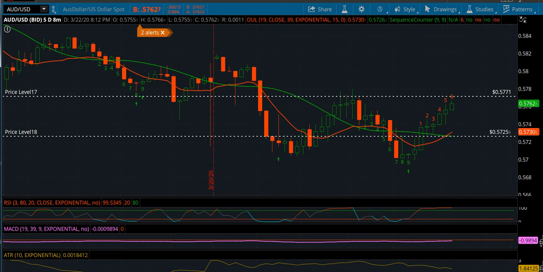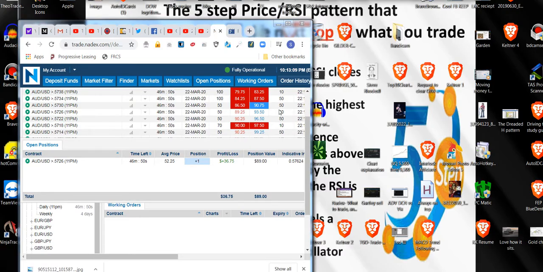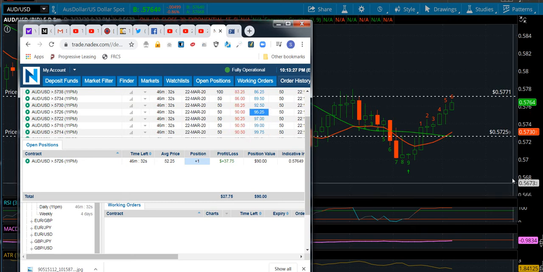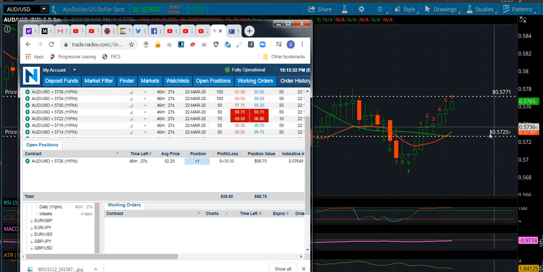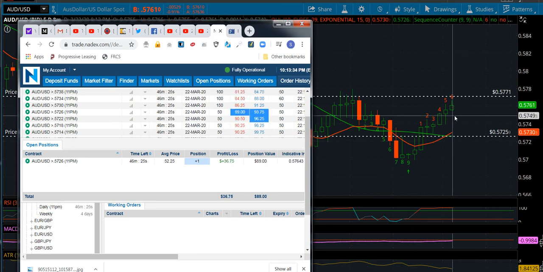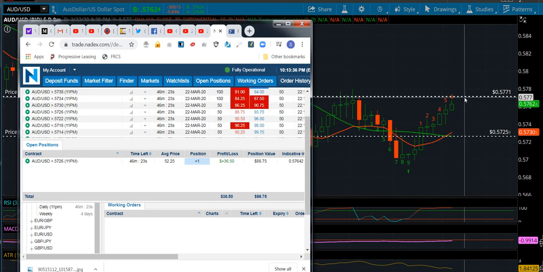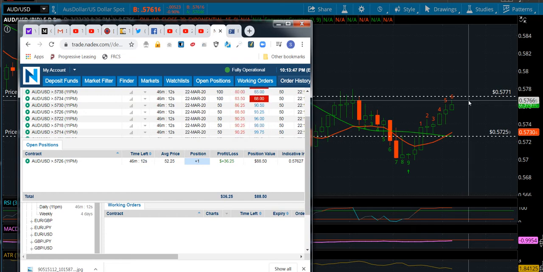As long as price is above there, I'm making money. Now we're getting close to resistance, aren't we? So I'm soon going to have a decision to make.